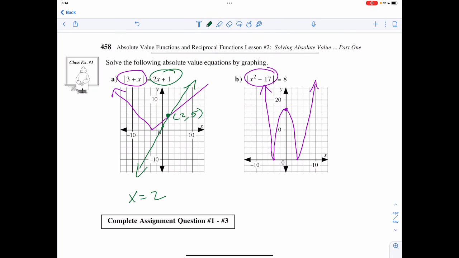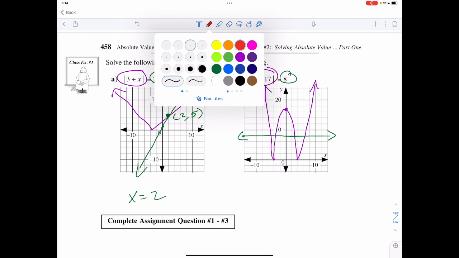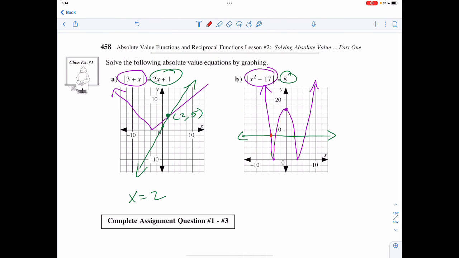I'm going to have my second equation, where y is equal to the right-hand side, or y is equal to 8. And then I can actually see that these cross each other 4 times. So I have 4 possible values.